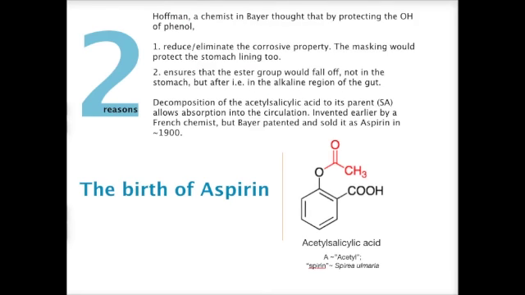All this thinking was done by many scientists, but the key scientist is Hoffmann, a chemist at Bayer, who thought that just masking the OH group can eliminate the corrosiveness of phenol, and you can also ensure that once in the stomach, the ester group will fall off and form the parent molecule, that is salicylic acid. Fantastic.